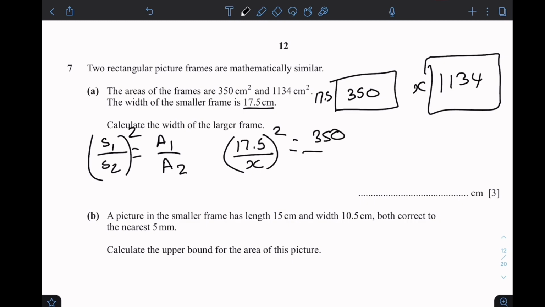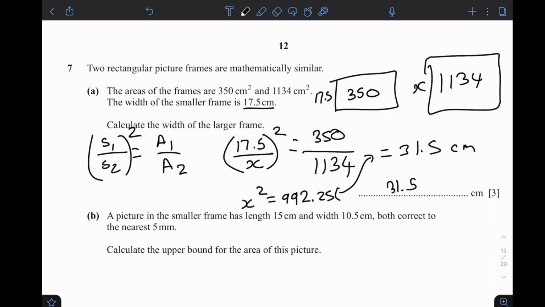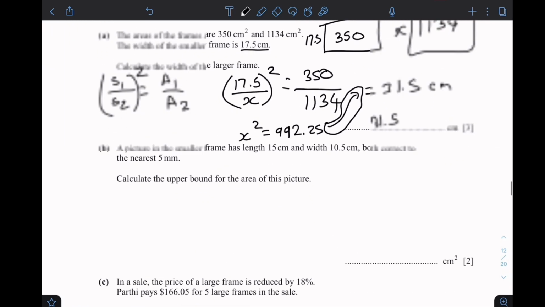So x squared is equal to 17.5 squared multiplied by 1134 divided by 350, which is 992.25, and you take the root of that, which is 31.5 centimeters. Also, don't show this type of working, this arrow. This can confuse the instructor slash examiner. I'm just doing this for your better understanding.